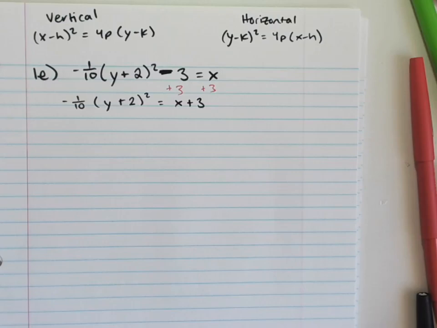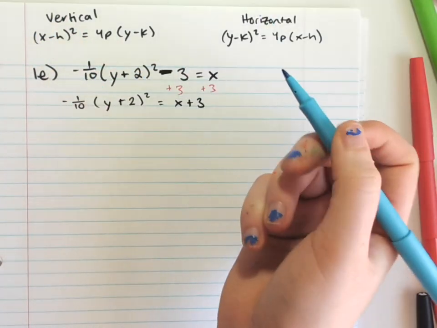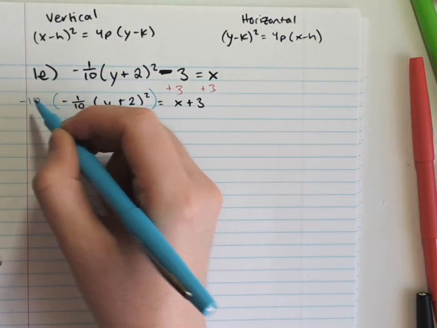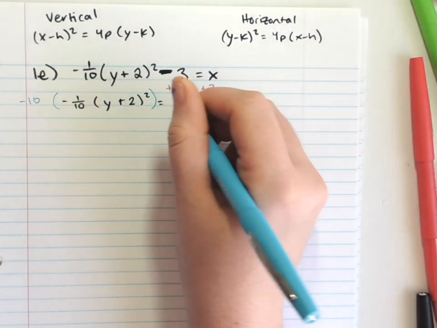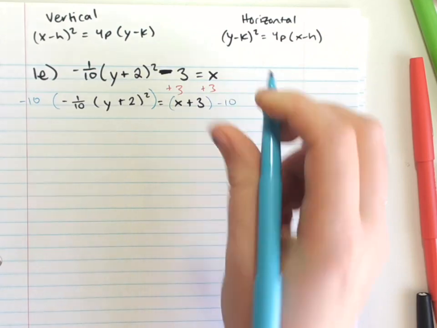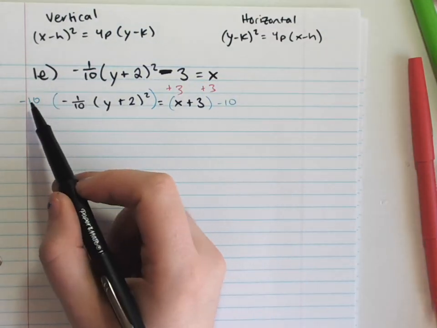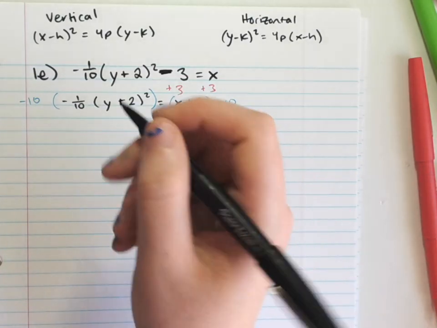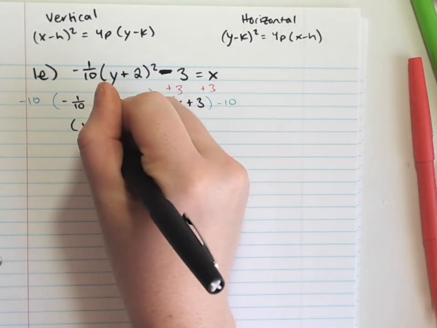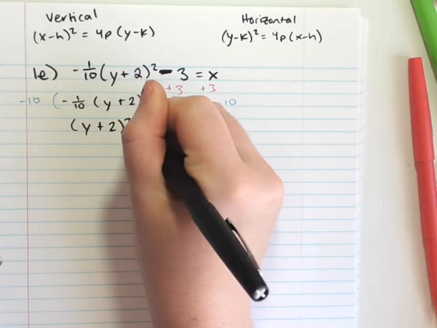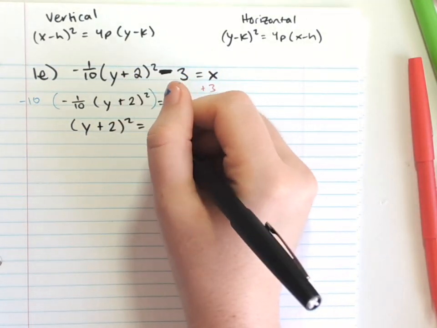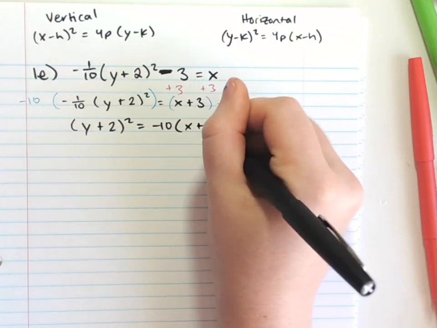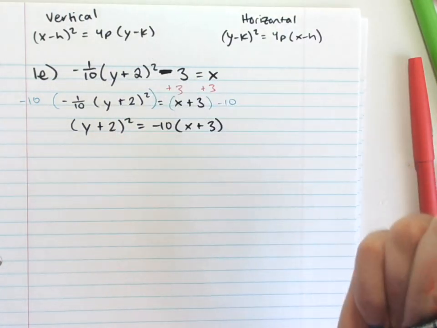And we don't want any number in front of the parentheses, so we are going to multiply everything by negative 10, the reciprocal of that, because then we would get negative 10 over negative 10, which is just positive 1, and then we don't need to write it. So we have y plus 2 squared equals, I'm going to leave this negative 10 on the outside. I'm not going to distribute it in because now it looks like that form.